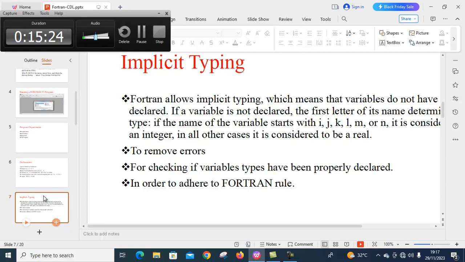Just like I said the other time, it is very important for you to declare a variable. Another thing that is important is the implicit typing.